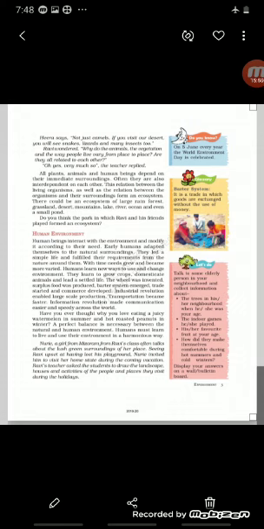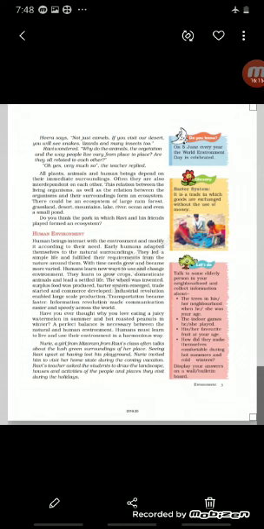Often they are also interdependent on each other. This relation between the living organisms as well as the relation between the organisms and their surroundings form an ecosystem. There could be an ecosystem of a large rainforest, grassland, desert, mountains, lake, river, ocean, and even a small pond.